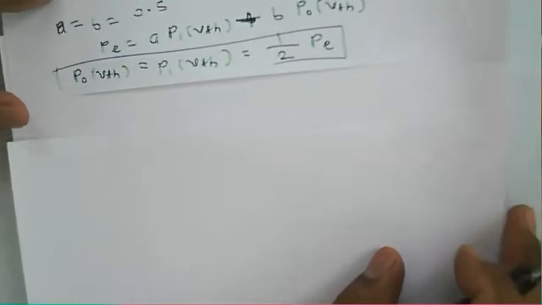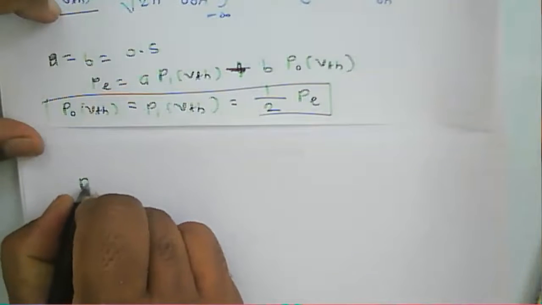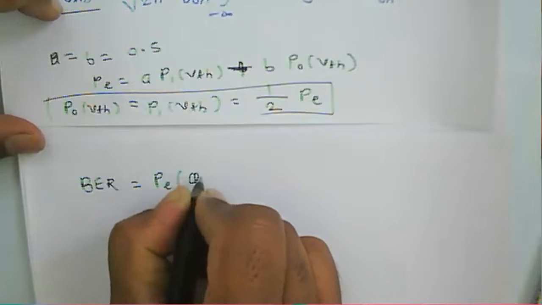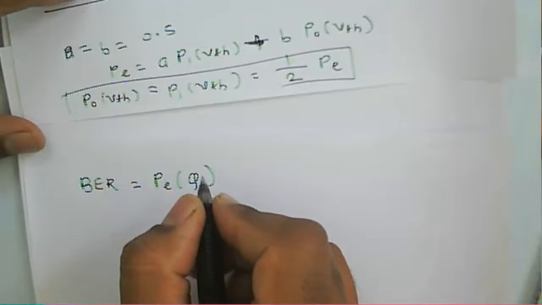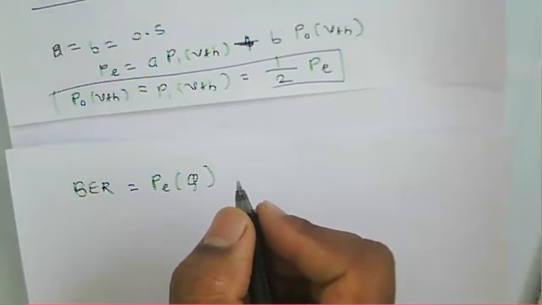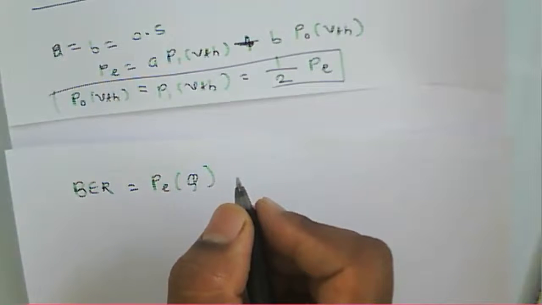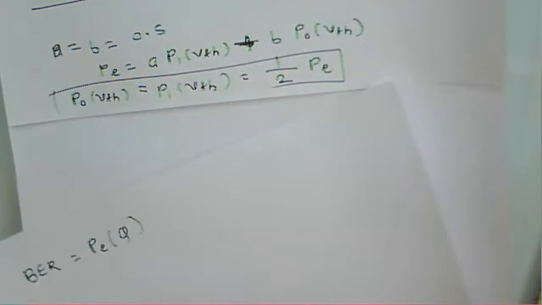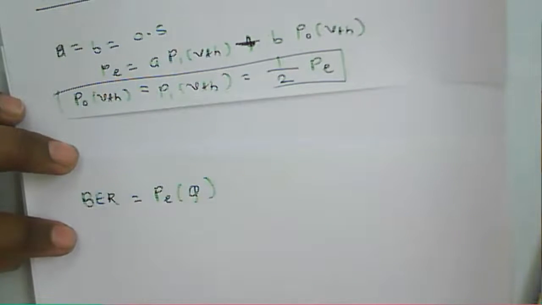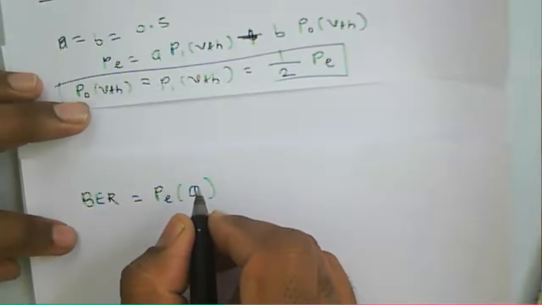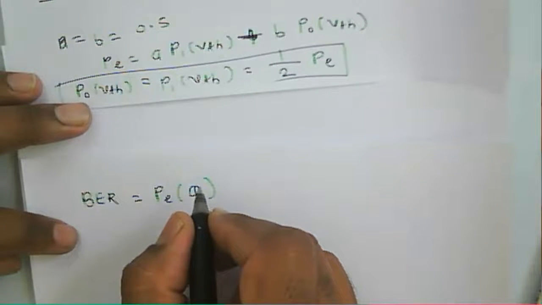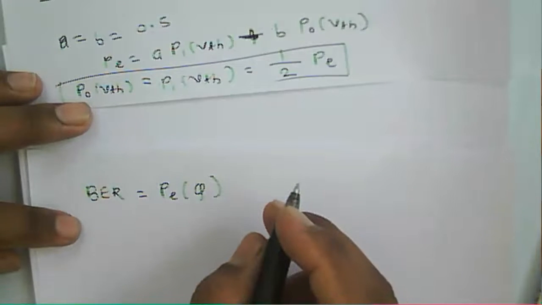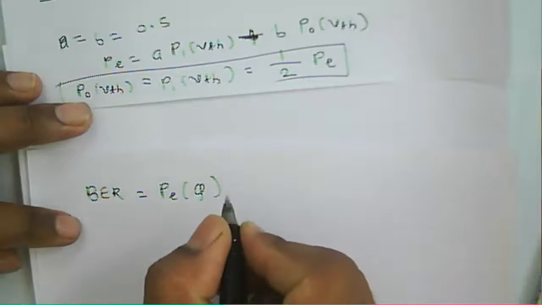Now from this we can write the bit error rate P of Q. Q means what? That is about the on and off timing for this bit, or we can say it gives the exact location or evaluation for this particular bit.